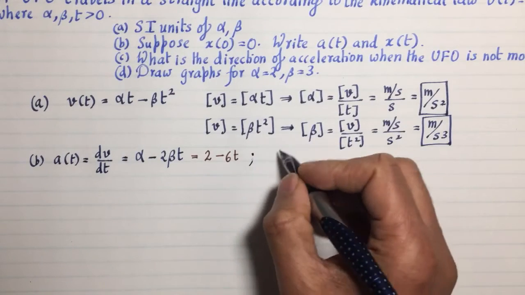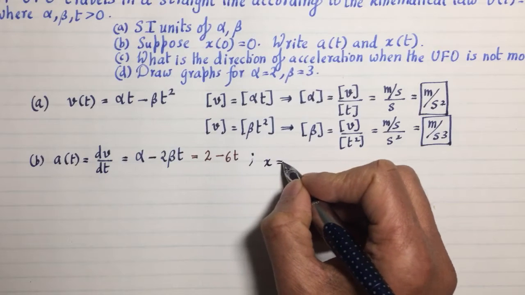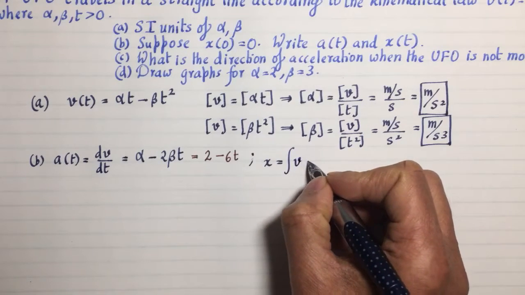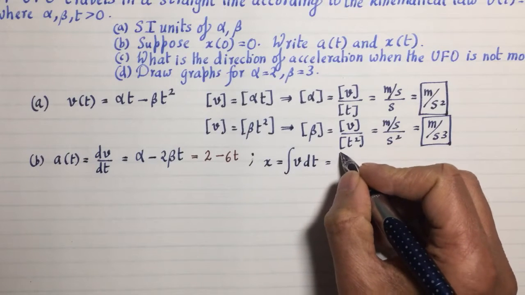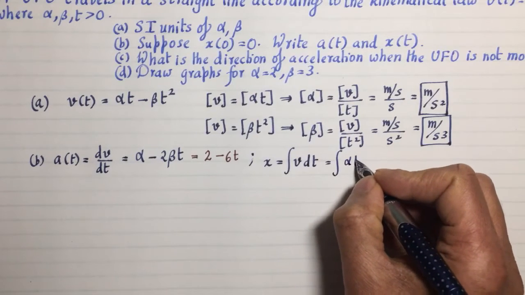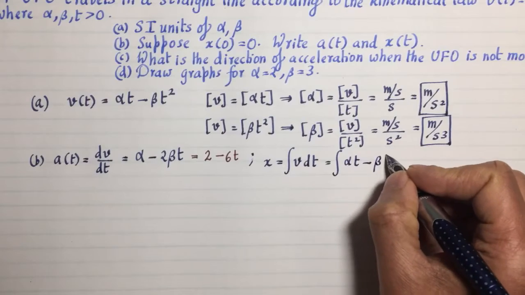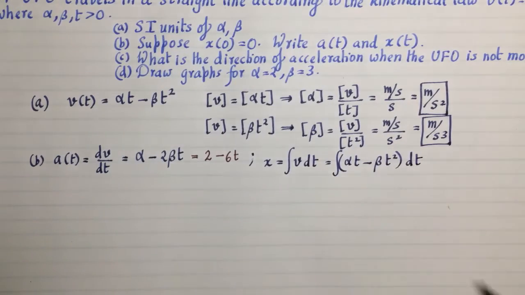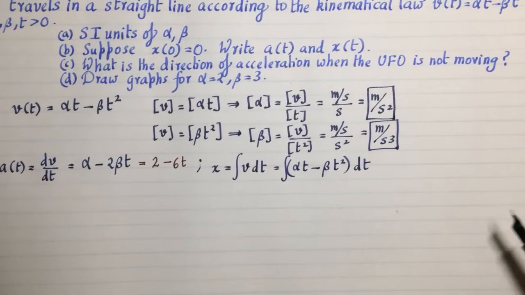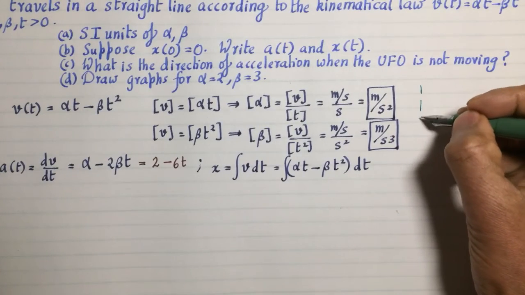The way we find the position as a function of time, it's the integral of velocity. So that's going to be the integral of alpha t minus beta t squared dt. Now, I just want to remind you of a formula that you may have learned in basic calculus.